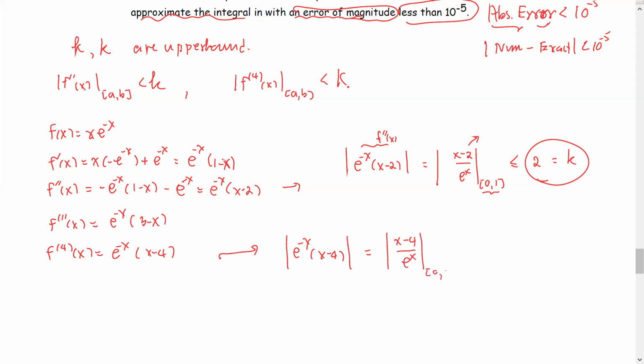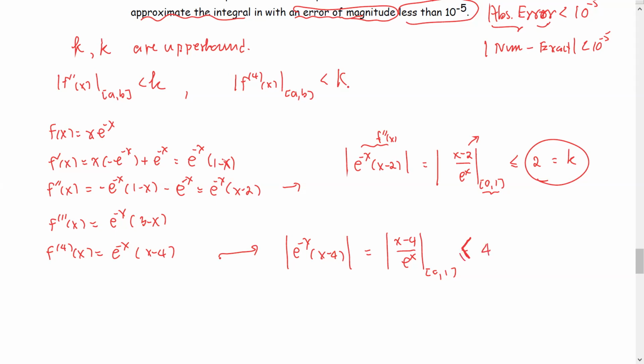On the interval 0, 1, in a similar way, this is a decreasing graph. So at the left endpoint, at x equals 0, we're going to have the maximum value of this function after the absolute value is used. It's going to be less than or equal to 4.